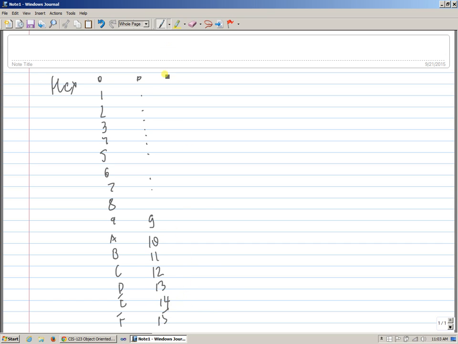So altogether, from 0 through 15 in the decimal world that we know, numbers from 10 to 15 are represented by a single hexadecimal digit, which includes 0 through 9 and then A through F.